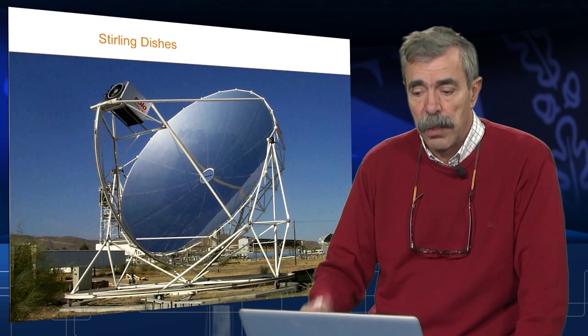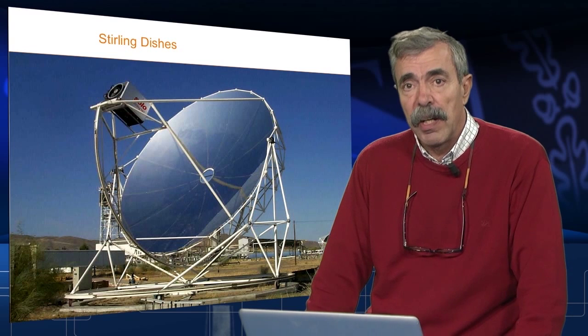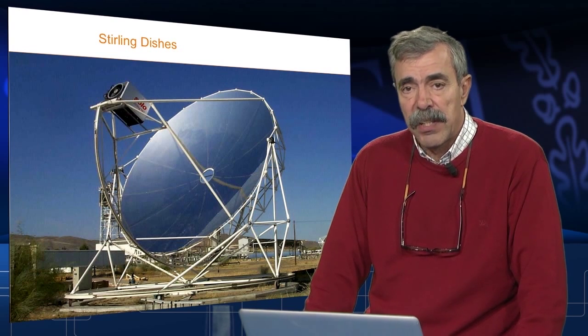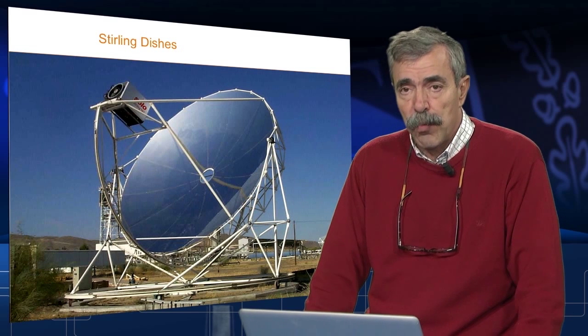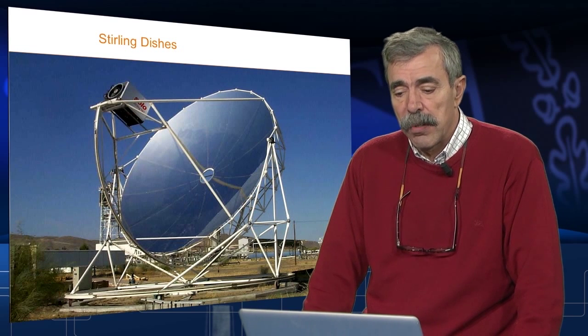Stirling dish was very popular, or was looking very promising, when PV prices were very high, and has shown clear and evident advantages. The first one is that it's very, very efficient.